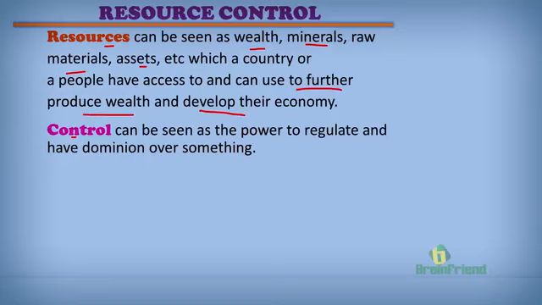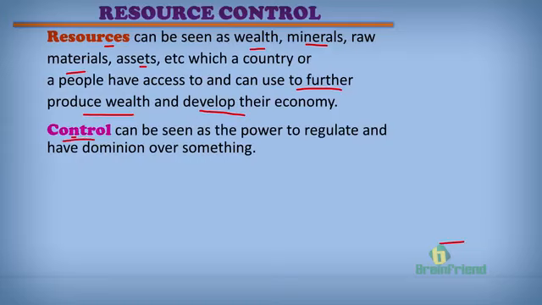So whatever you get within your land, be it within your people or from your environment, that enables you to access wealth and further use it to produce and develop your country, can be seen as resources. But then control.